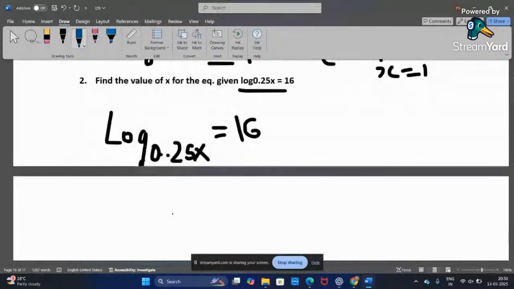How to find it? Just write this equation. It can be written as x equals 0.25 to the power of this. Whenever you find questions like this, just write directly x equals 0.25 to the power 16, because here it is 16.